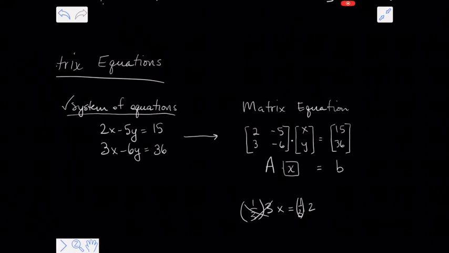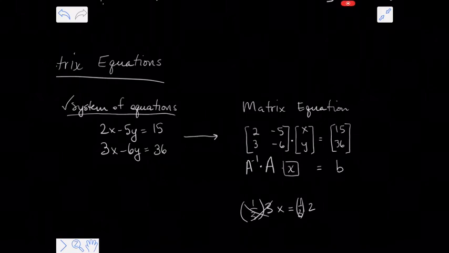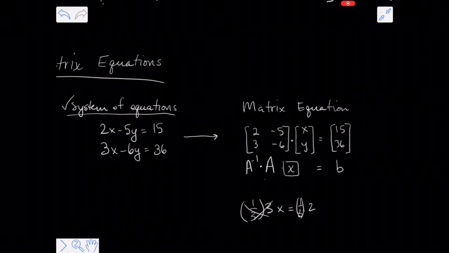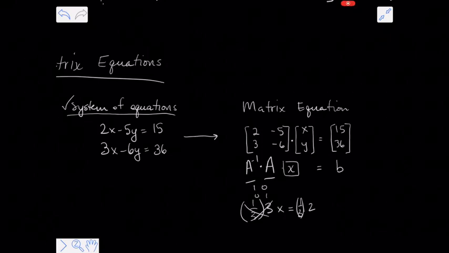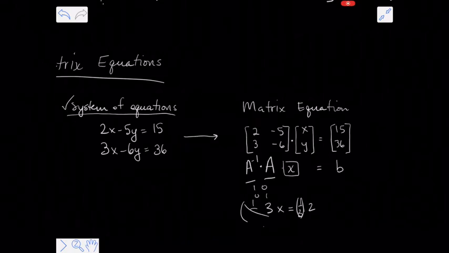So rather than dividing by A, which doesn't exist, since you can't divide by a matrix, I can multiply by the inverse. And if you recall, when you take a matrix and multiply it by its inverse, you get the identity matrix, which is really what happens here. 1/3 times 3 is just 1, and then 1 times x is the same thing as x.